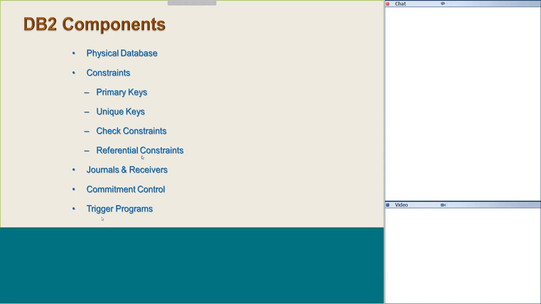These are programs written in any language you like, as long as it's RPG, in my case. You can hook them to any physical data file in the database. We will go into triggers in a great deal of depth because their power is beyond imagination.